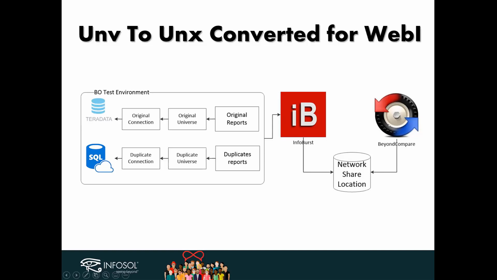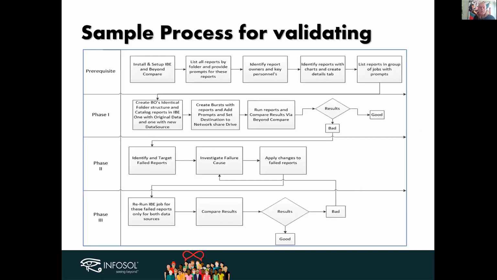Beyond Compare basically compares and shows the differences between two text files. And I think it does it for Excel files as well. So you can compare the results and see if your Webi documents are working fine or not, with the same set of parameters, of course, when you schedule them in InfoBurst, so that you get more accurate results.